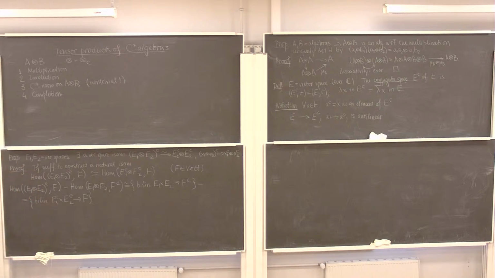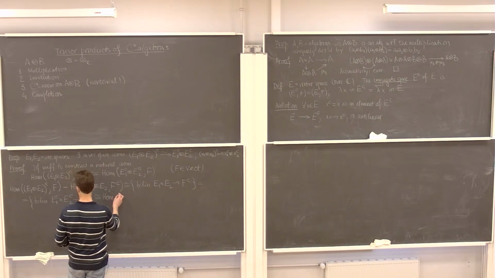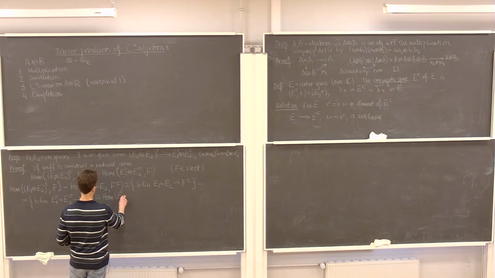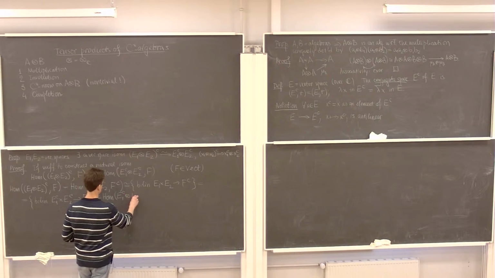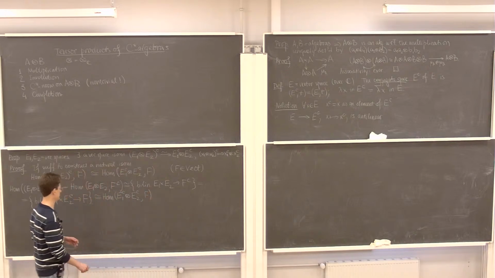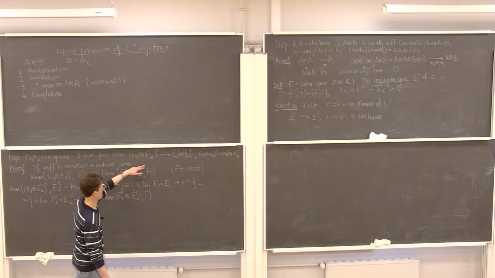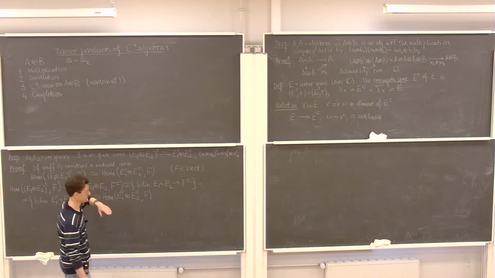And finally, we apply the universal property of the tensor product again, and we see that this is naturally isomorphic to the space of all linear operators from the tensor product E1C tensor E2C to F. And that's it. So we get this natural isomorphism, and it gives us this isomorphism of vector spaces.